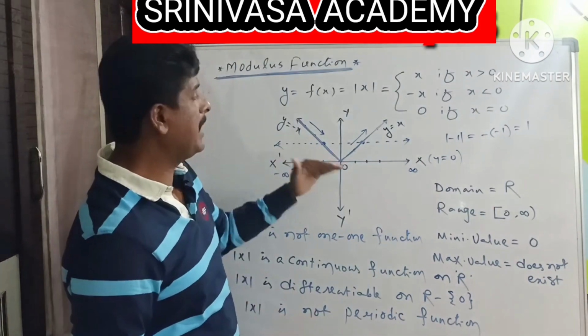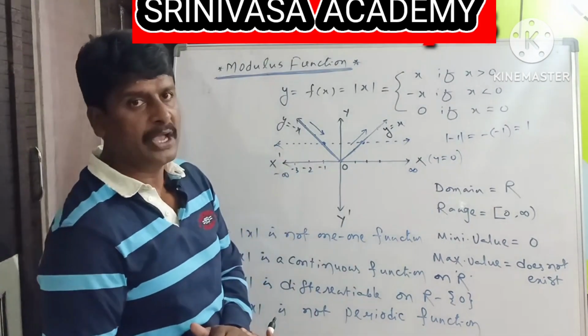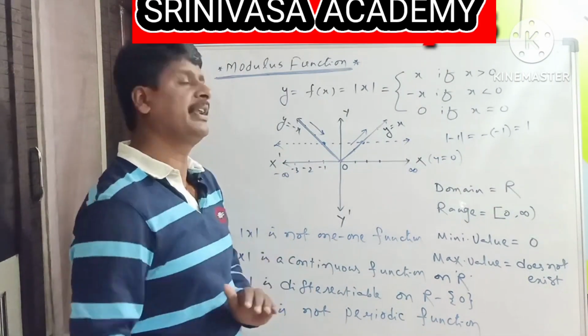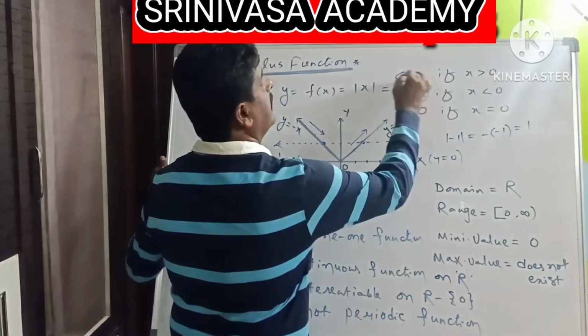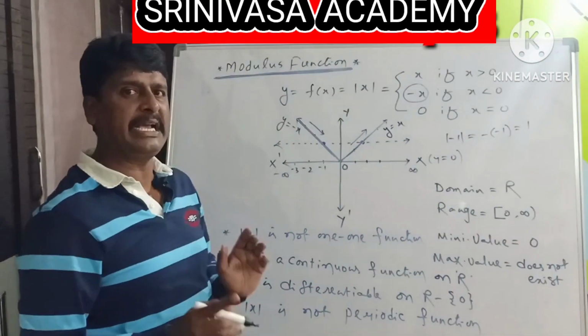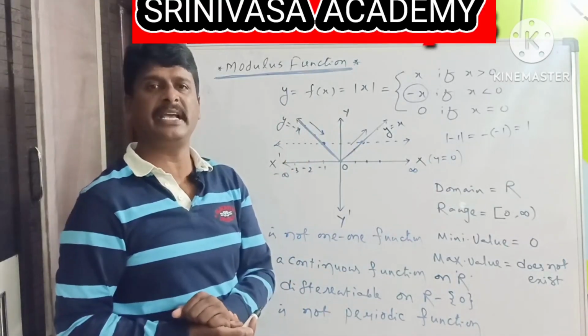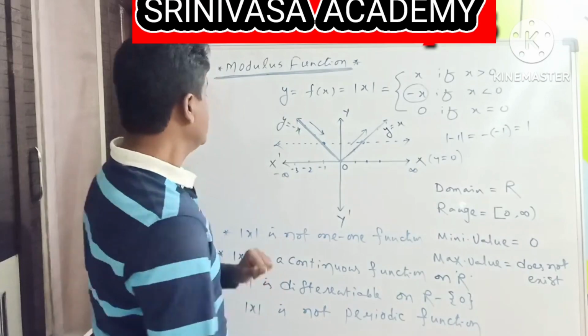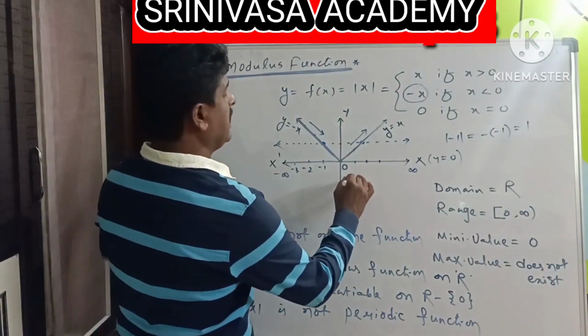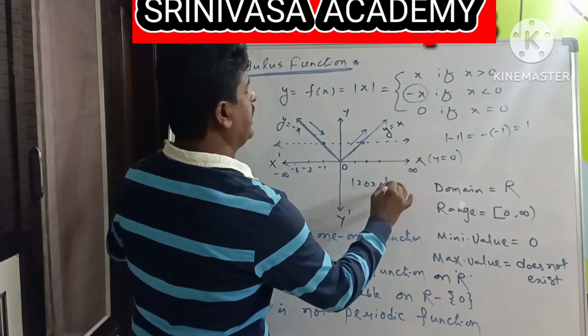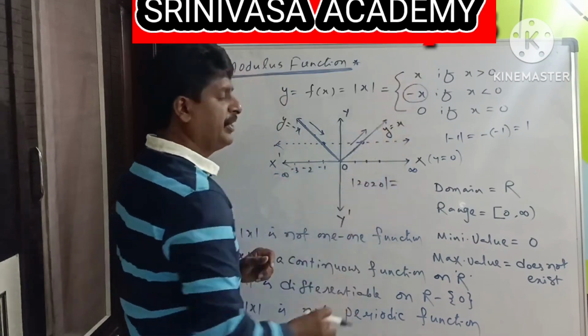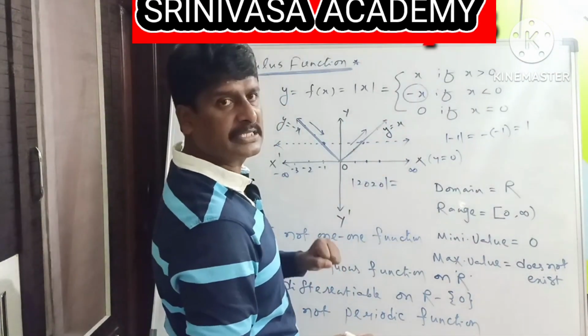So this is about modulus graph, and most of you are getting doubt here, I think. As you know, modulus x is always positive, but I am writing here minus x. Don't confuse that. Suppose modulus of 2020, according to our definition, it goes to first case.